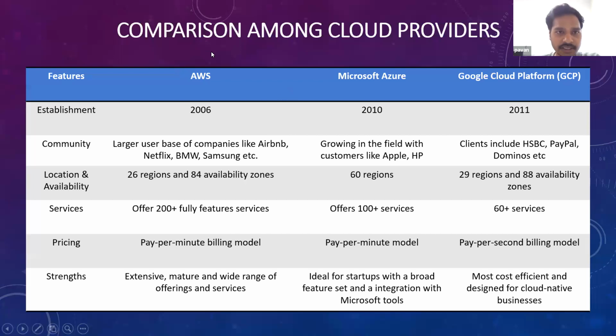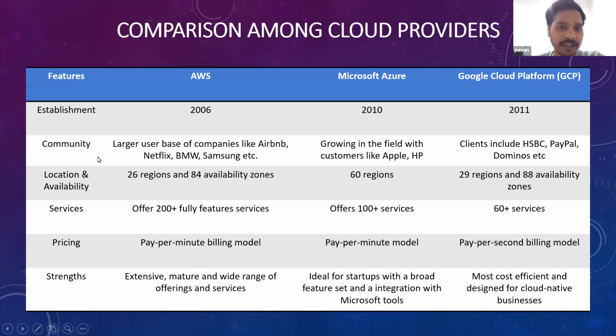So when we see the comparison among the different cloud providers, AWS is the foremost, which started its services in 2006. In fact, they introduced two of the services in 2002, Elastic Compute Cloud and S3, and then they officially launched into the market in 2006, Microsoft Azure in 2010, and Google in 2011.